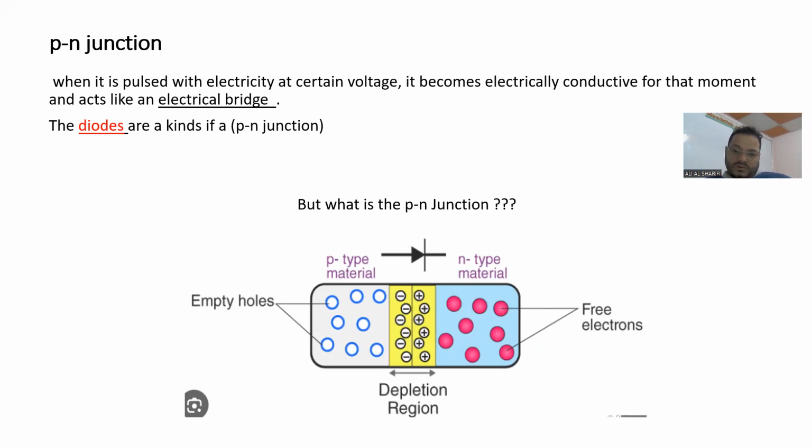By that, this side will be full of empty spaces. I think the impurity elements were boron and phosphorus. By that, the depletion region will happen.